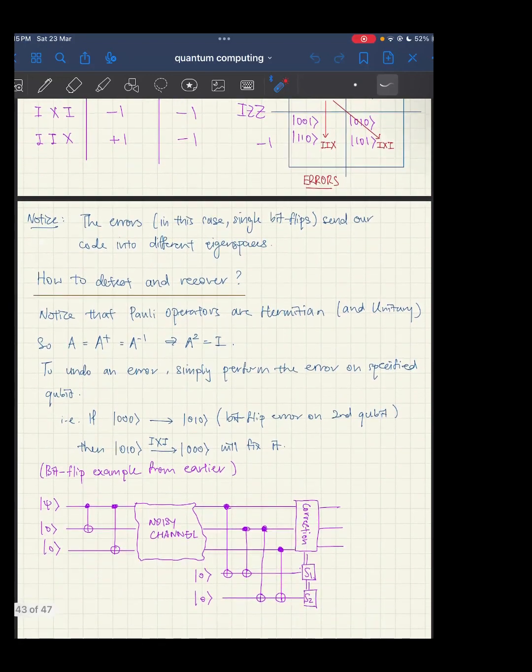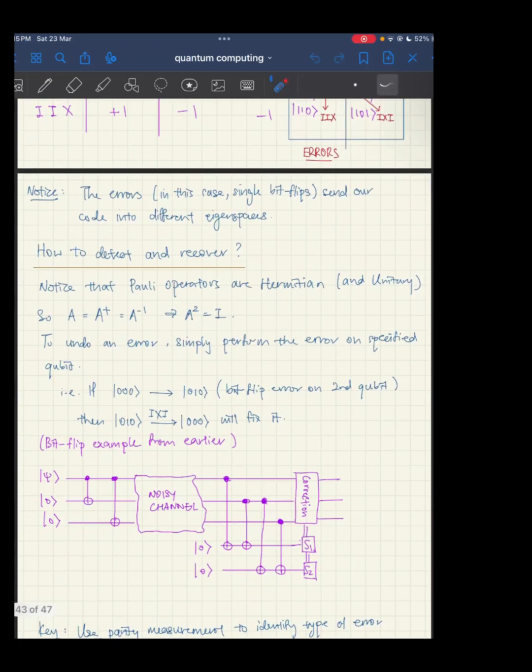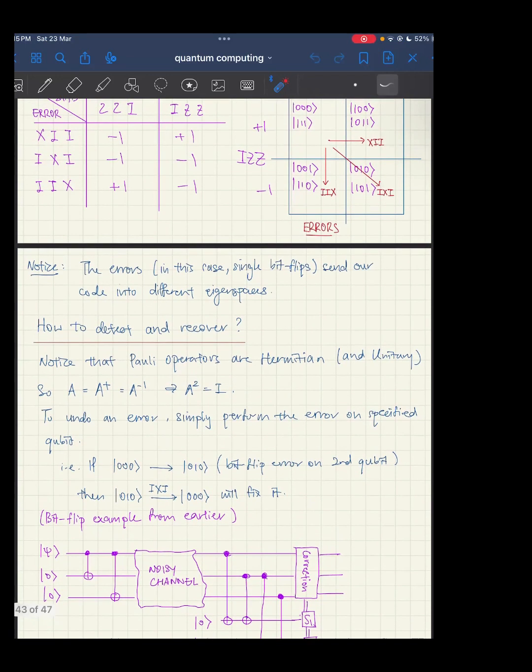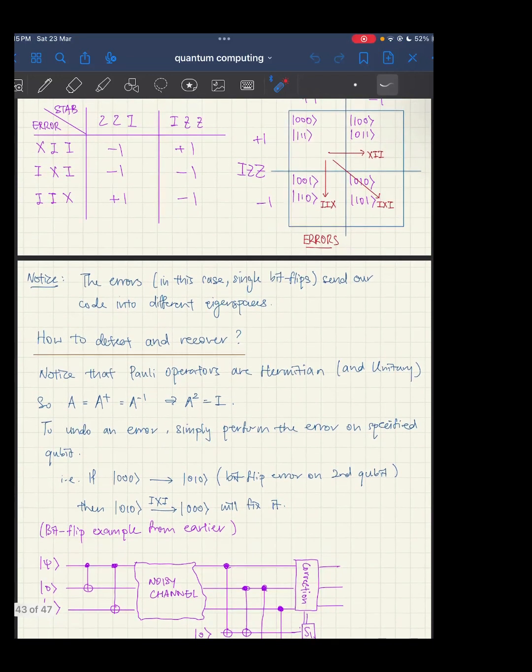Now, how do we detect and recover from errors? Previously, we've shown that we can detect errors by seeing which eigenspace they land in. But how do we recover from it? So notice that the Pauli operators are Hermitian and unitary.